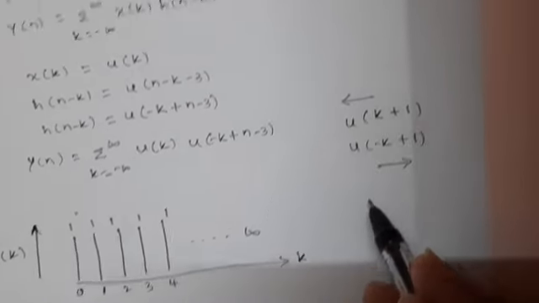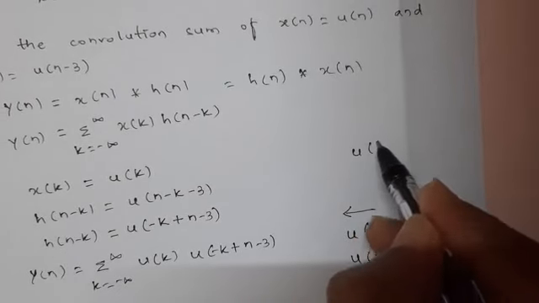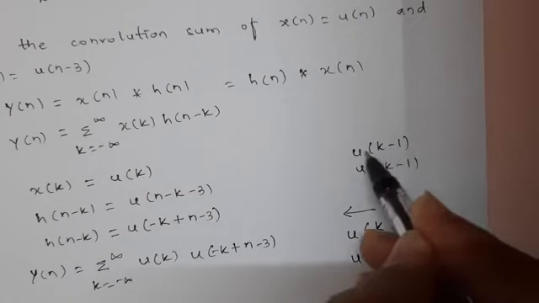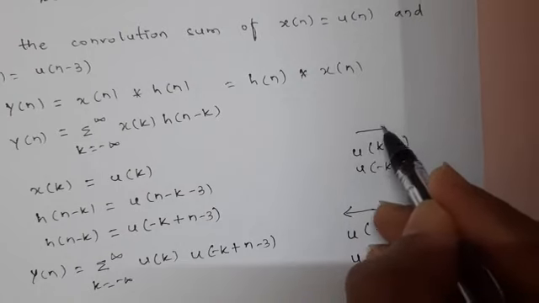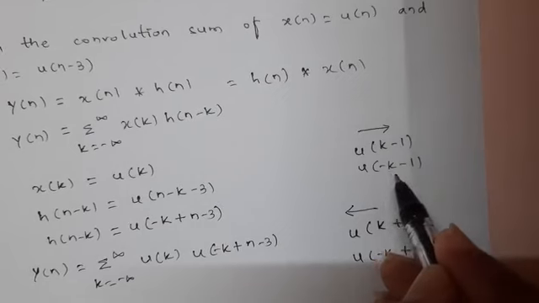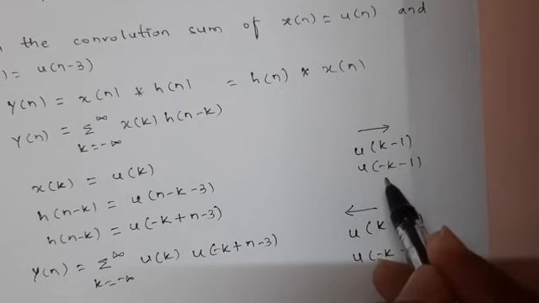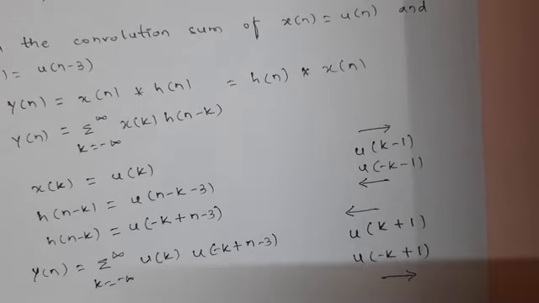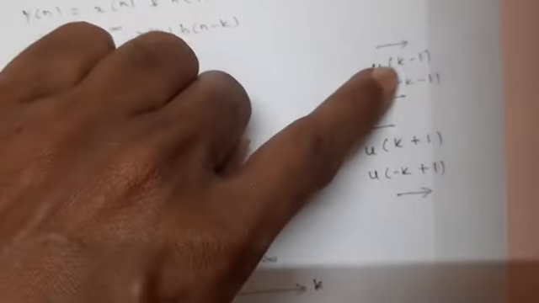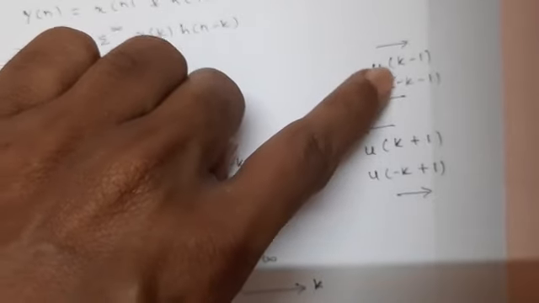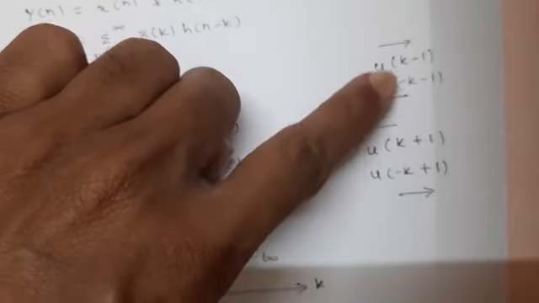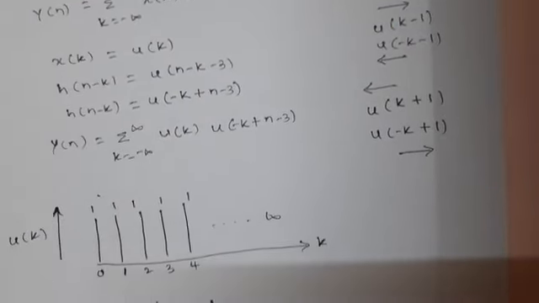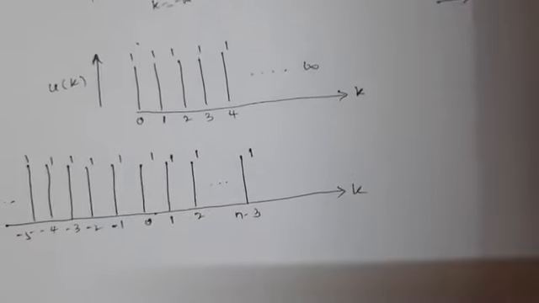Similarly, if you have u of k minus 1 and u of minus k minus 1: u of k minus 1, you shift towards the right by an amount 1, whereas u of minus k minus 1, you have to shift towards the left by an amount 1. Okay, that is the difference between u of k and u of minus k, or x of k and x of minus k, any signal which has the time axis in reverse, that is reflection.